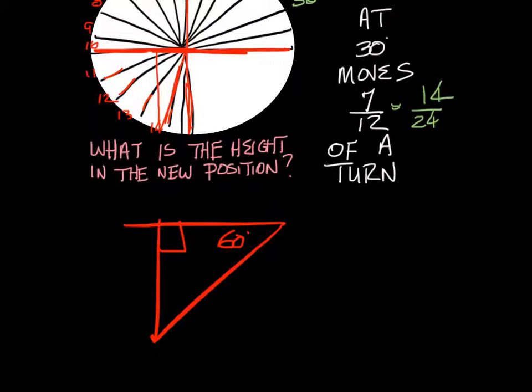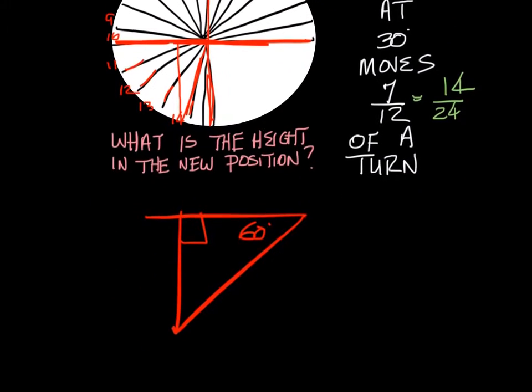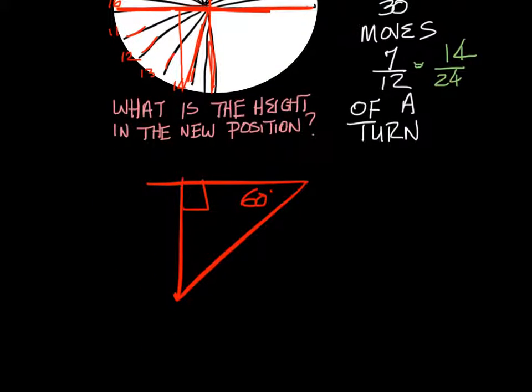And we know that the height of the Ferris wheel is 170 feet. 170 feet divided by 2 is 85, so that gives us a radius of 85. We are looking for the height here, which is this y value. In order to do that, we would have to use sine, because this is clearly opposite of the 60 degrees, and this is clearly a hypotenuse.